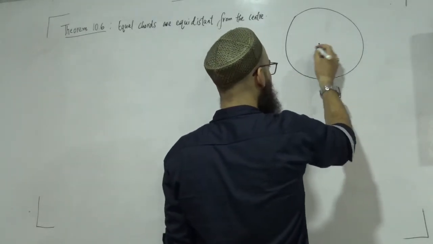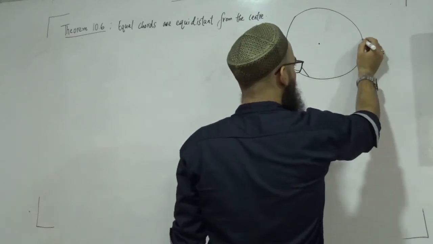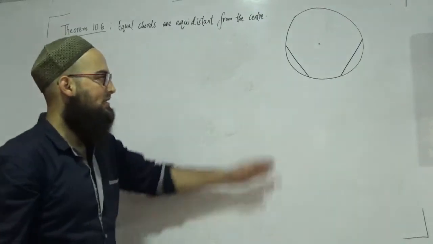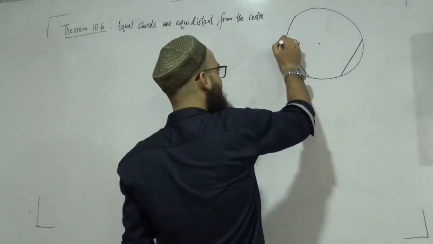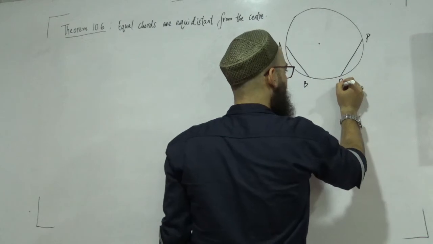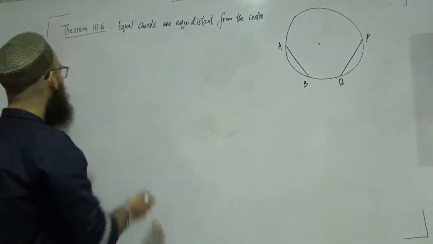See, if I have this chord and I have one more chord, it says equal chords. That means this chord is equal to this chord. If I name this AB and name this PQ, now AB is equal to PQ. So what's given?